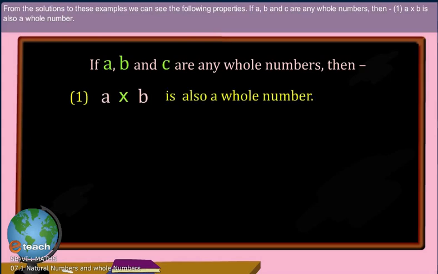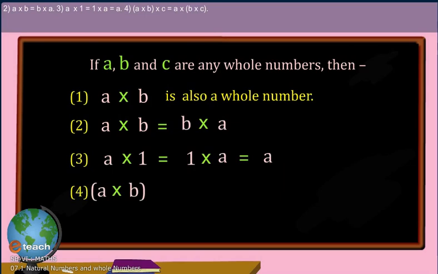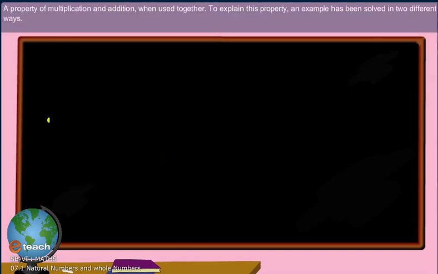A into B is also a whole number. 2. A into B is equal to B into A. 3. A into 1 is equal to 1 into A is equal to A. 4. (A into B) into C is equal to A into (B into C).